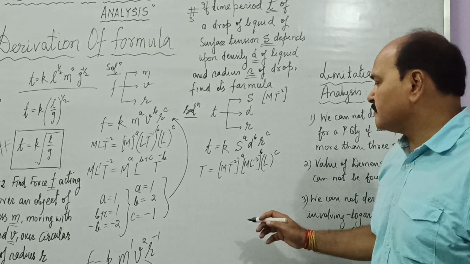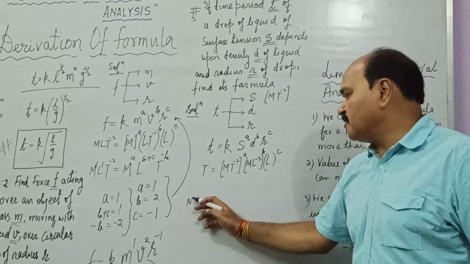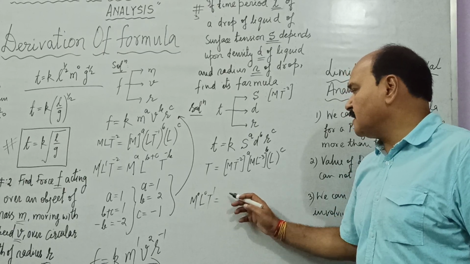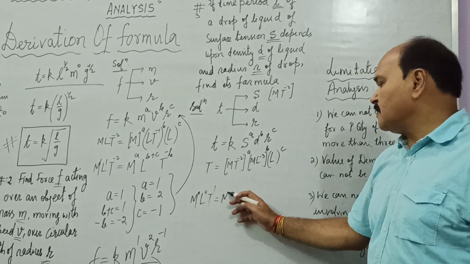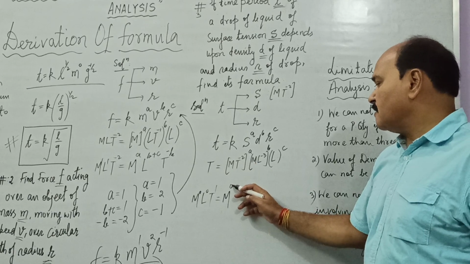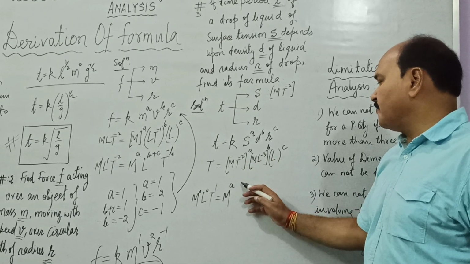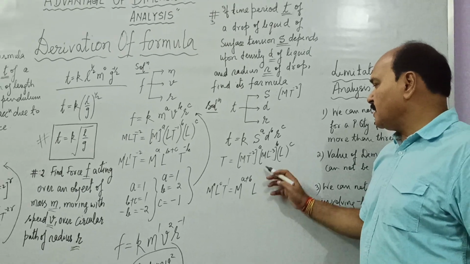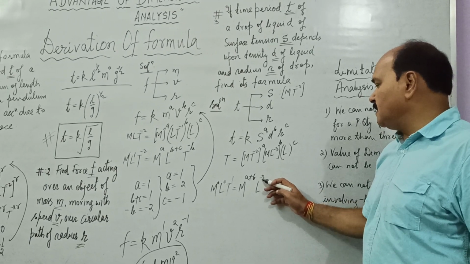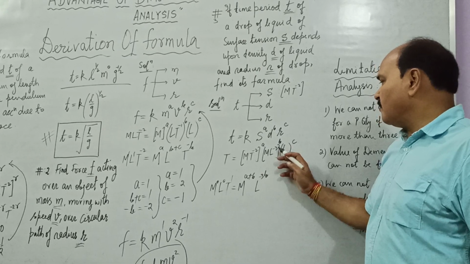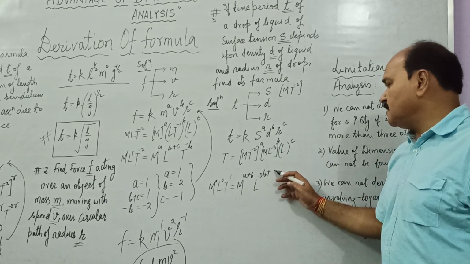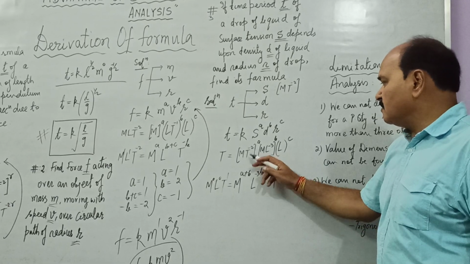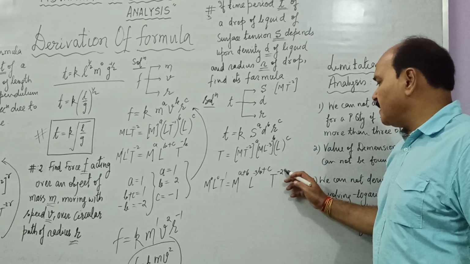C. Left hand side is M to the power 0, L to the power 0, T to the power 1, and right hand side is what? M to the power A from here and B from here, M to the power A plus B, and then L to the power minus 3B from here and plus C from this side, and then T to the power we have only minus 2A.